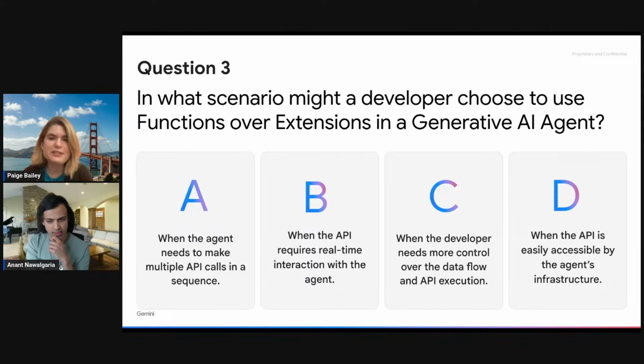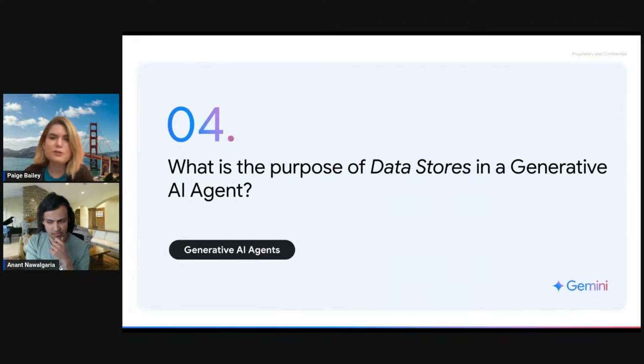Hopefully folks were paying attention to Julia and Patrick and Alan's sections. When might a developer choose to use functions over extensions? And the correct answer is C, when the developer needs more control over the data flow and API execution. And hopefully folks are playing around with function calling with things like MCP servers. I'm really excited to see what y'all build.